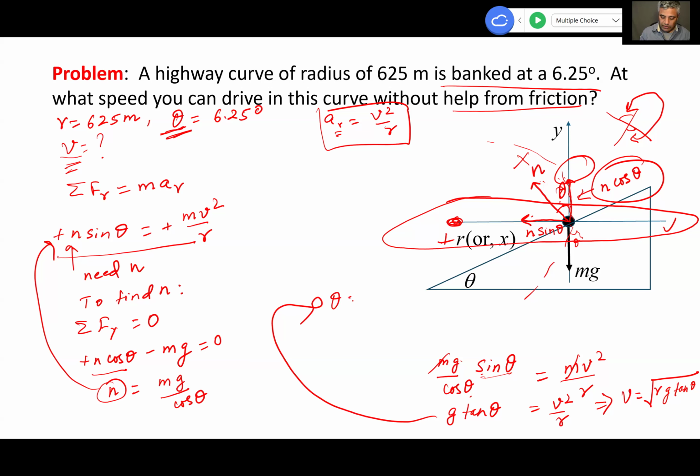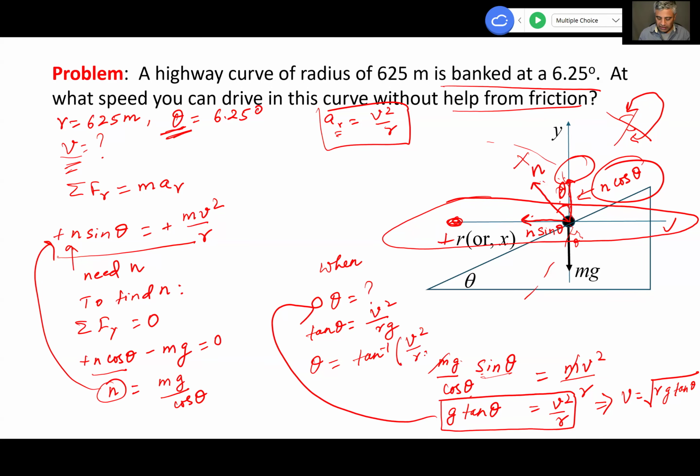If I want to find theta, I can solve this equation for theta. First, I'll solve for tangent theta, which is v squared over r times g. And theta is now arctangent or inverse tangent.